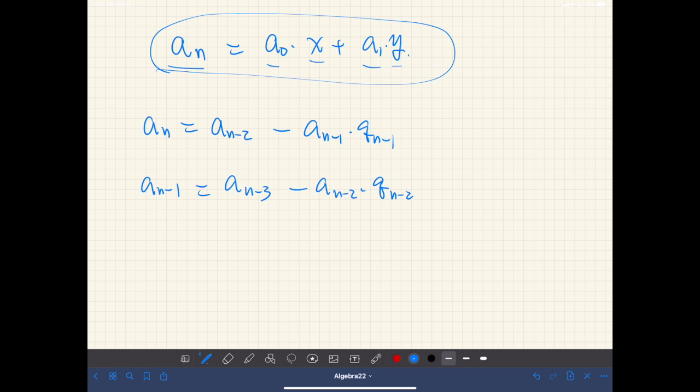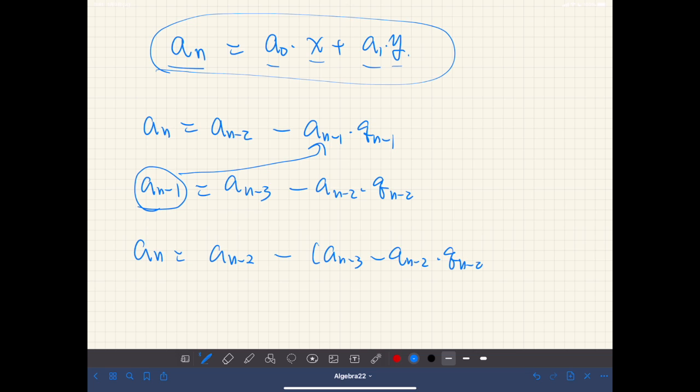Then we substitute An-1 into here. So we have An-2 minus (An-3 minus An-2 times qn-2) times qn-1.